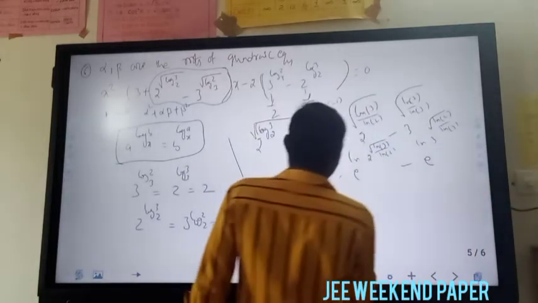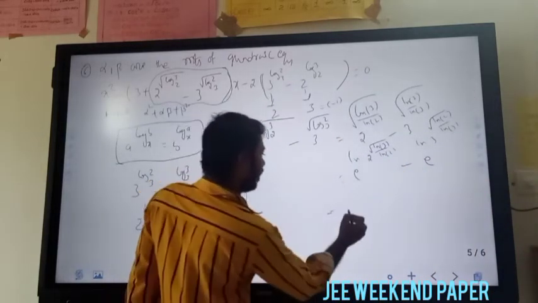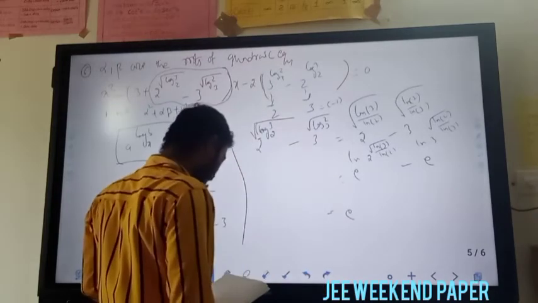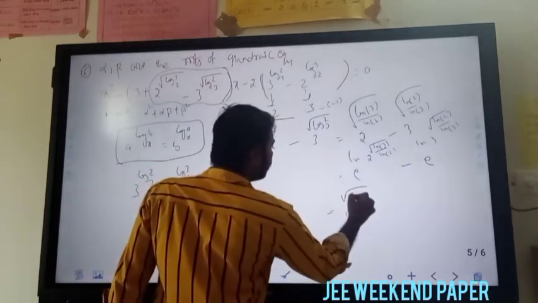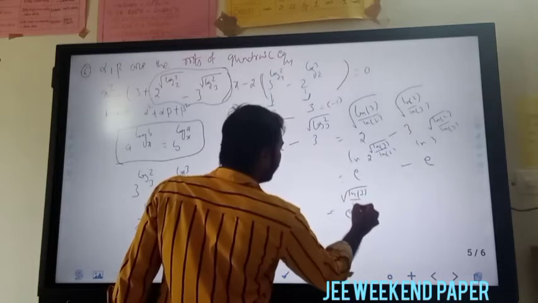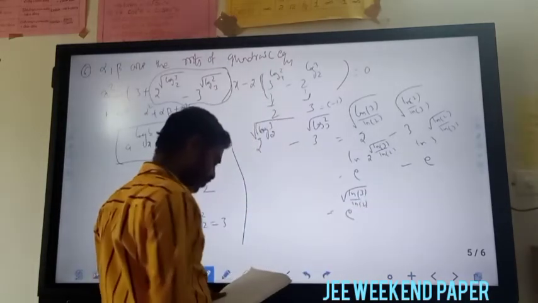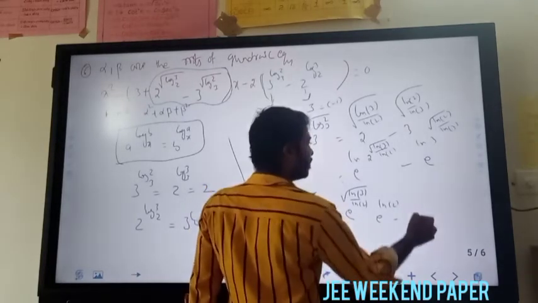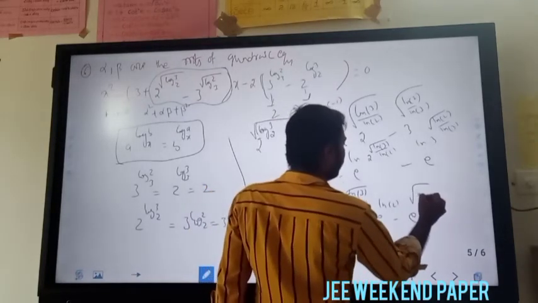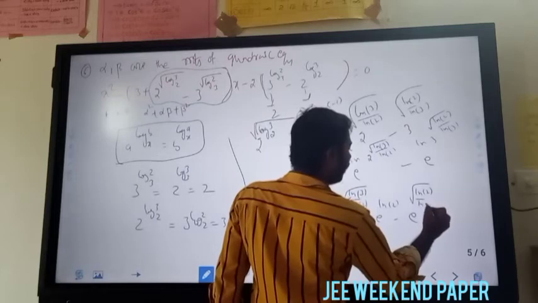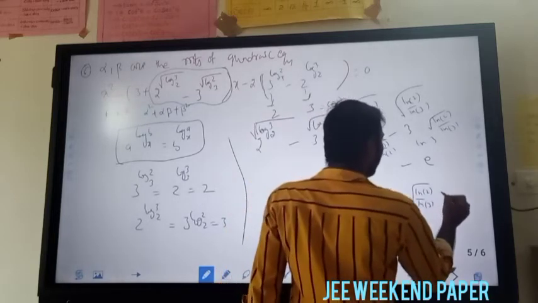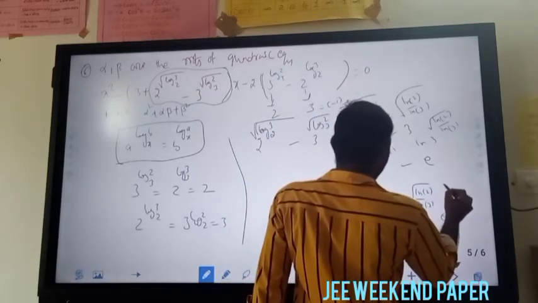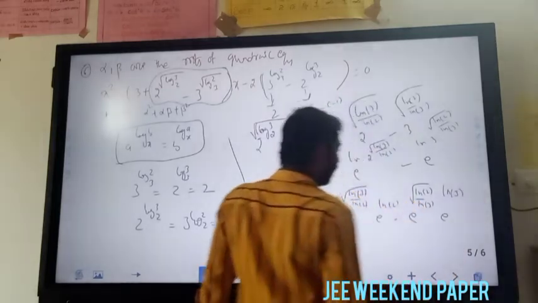So it can be clearly written as e power under root of ln of 3 by ln of 2 into e power ln of 2, and minus e power ln of 2 by ln of 3 into e power ln of 3.